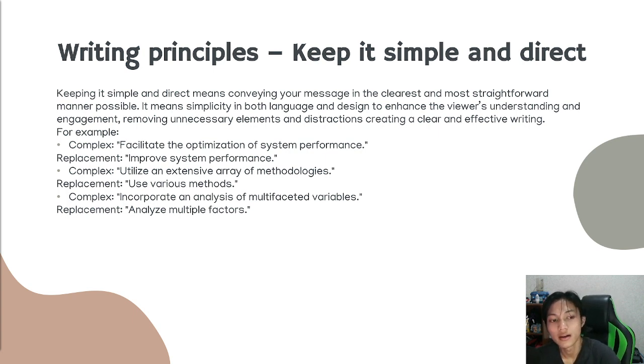For example, here's a complex one: facilitate the optimization of system performance. The regular people might not understand this, so we can replace it with improve the system performance. And there's also utilizing an extensive array of methodologies.